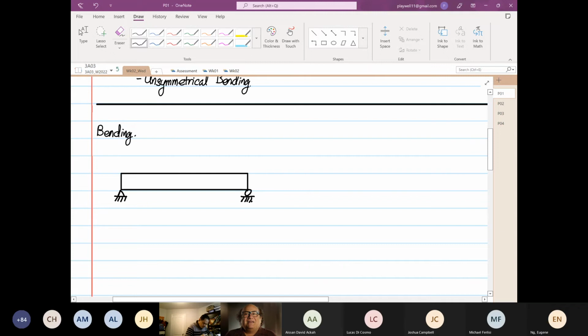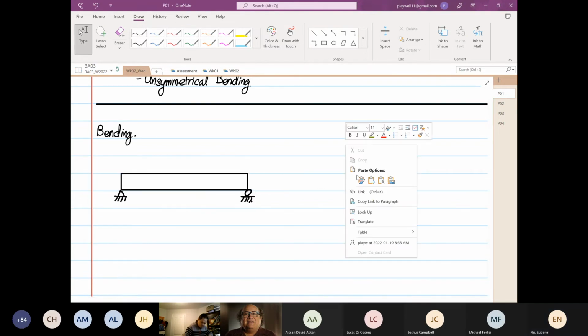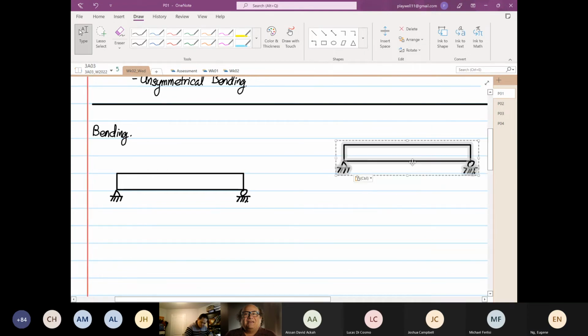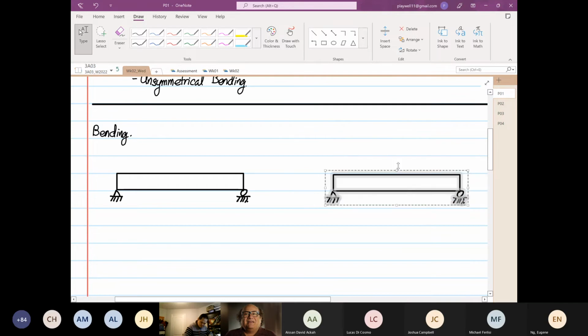One of the structures is going to be, hold on, I'm going to copy, I'm going to paste. So this is our usual point A, point B.